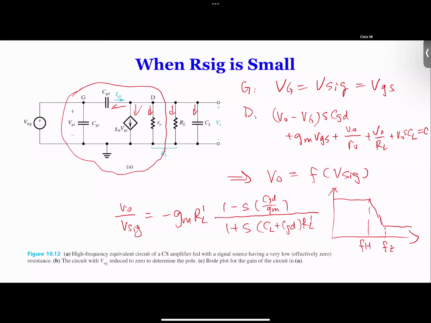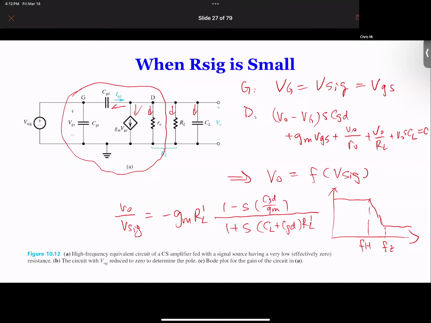The 0 is always larger than the pole in high frequency response, because it has to come to this side. If the 0 is before this one, it could happen, but you will have trouble. Why? Because your gain is going to increase instead of decrease. Just in case, I'll draw it for fun.